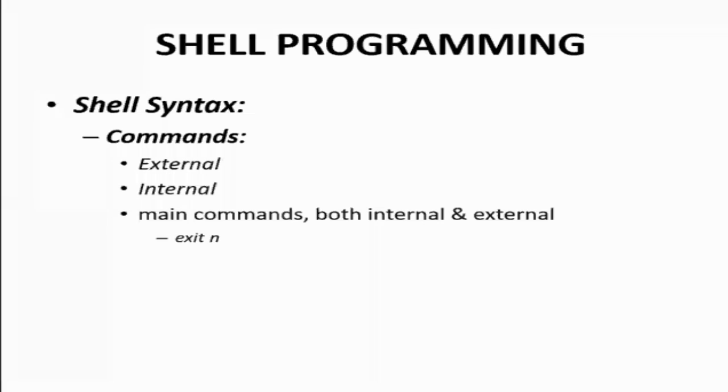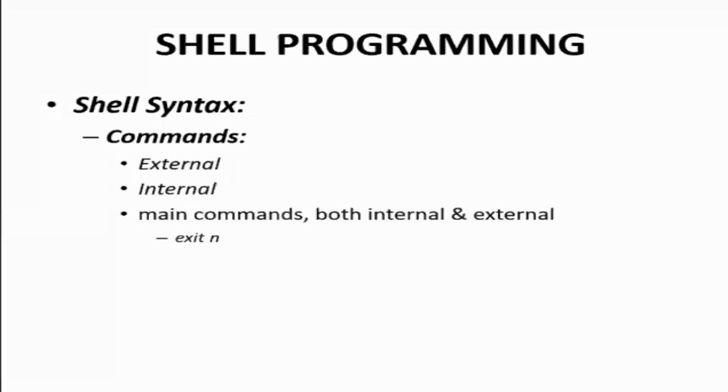And in shell script programming, exit code 0 is success. That means n value 0 I have specified. Codes 1 to 125, inclusive of 125, are error codes that can be used by the script.